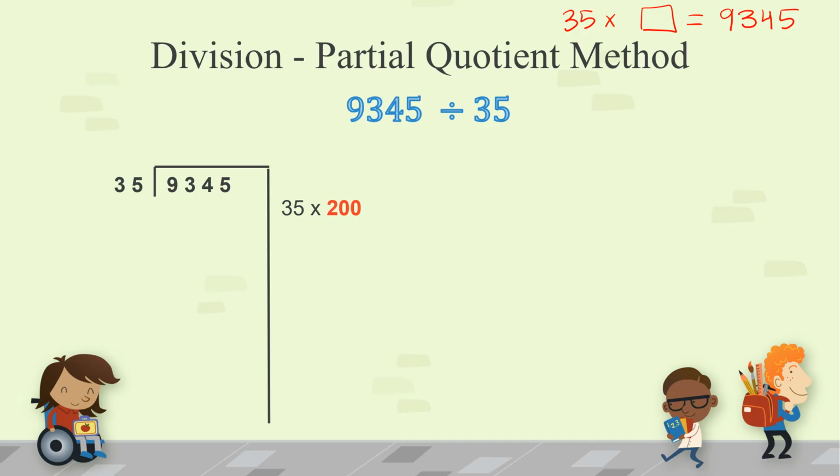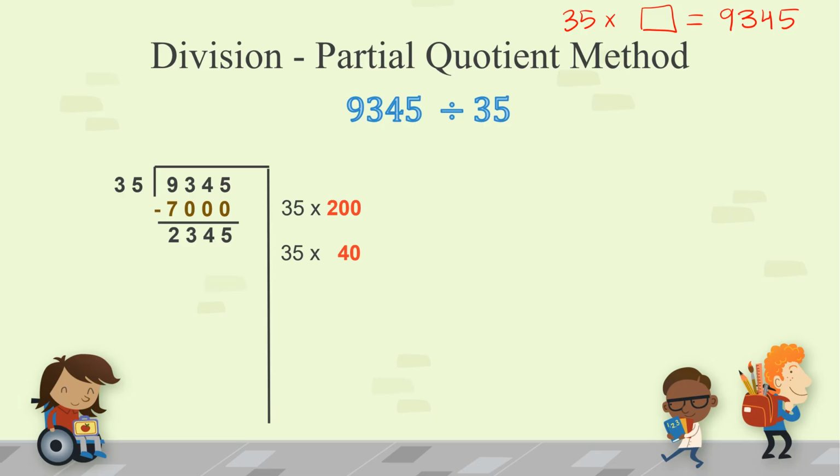Therefore, 35 times 200 must be 7,000. I'm going to go ahead and subtract. I have 2,300, so I do not have another 100 more. I have less, so what do I go? I'm going to go with 40.